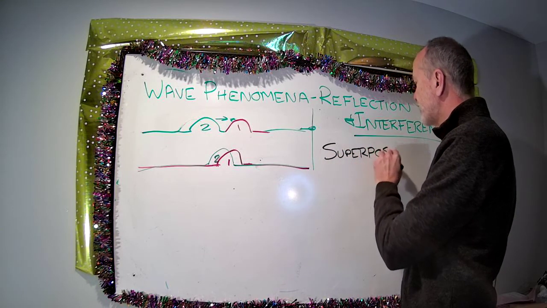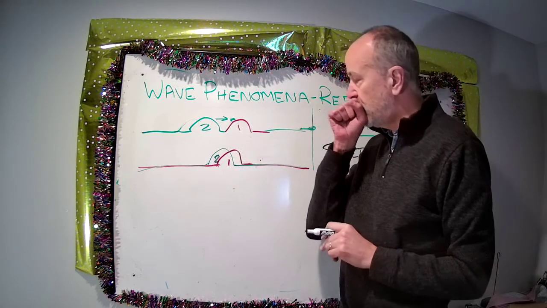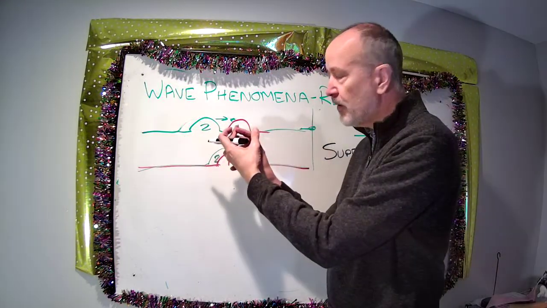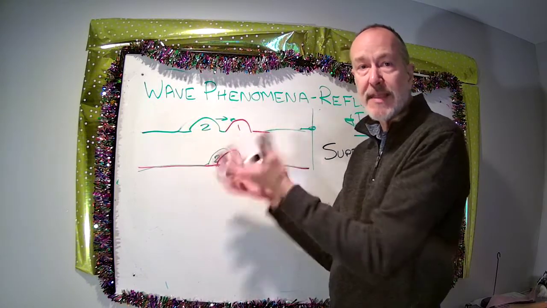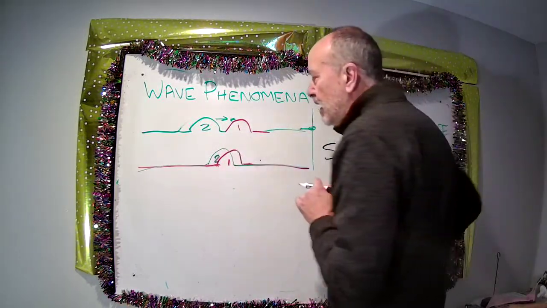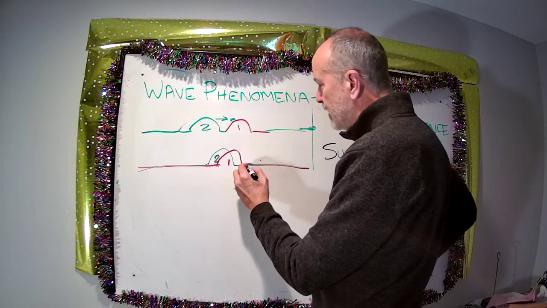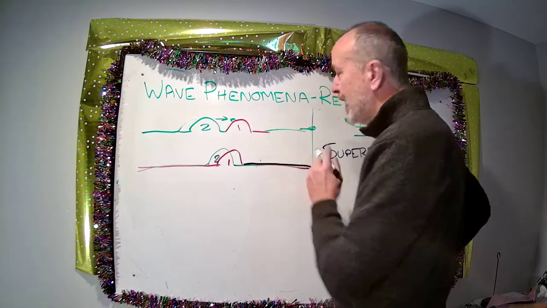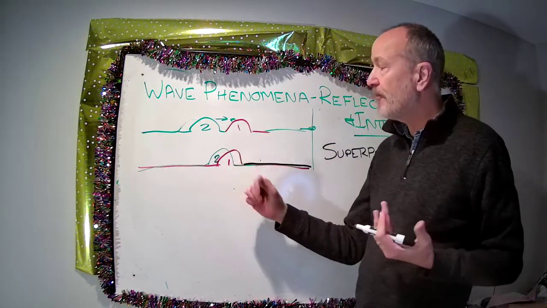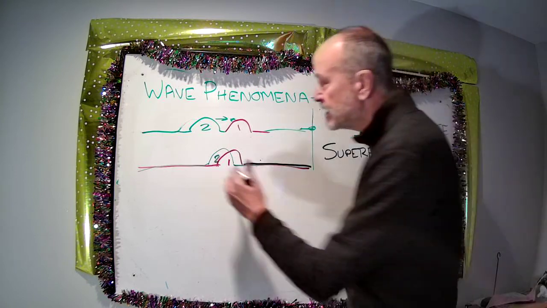Notice, by the way, when these two things come, the energy is trying to occupy that same space at the same time. It's not really perfect to say it that way, but if we look all the way along here, nothing is trying to happen. Neither wave pulse 1 nor wave pulse 2 is trying to move these particles. Similarly over here.